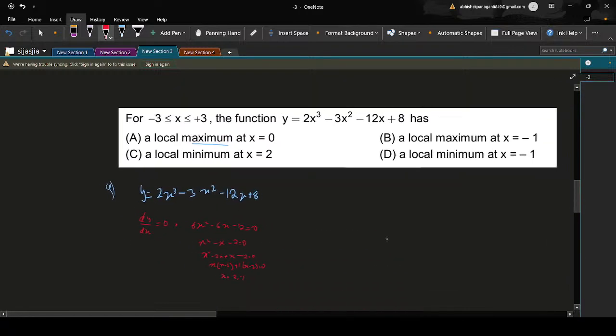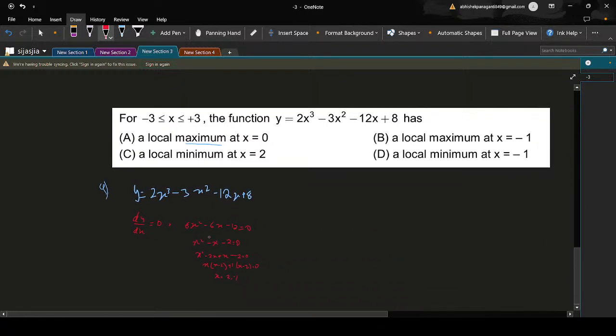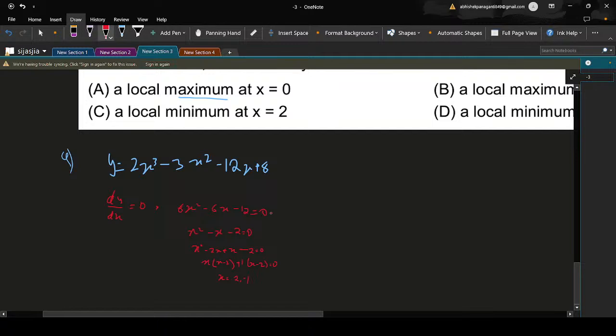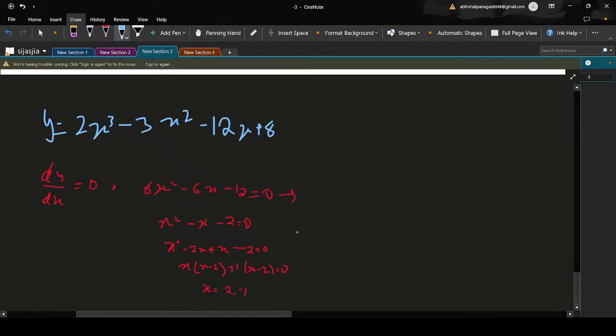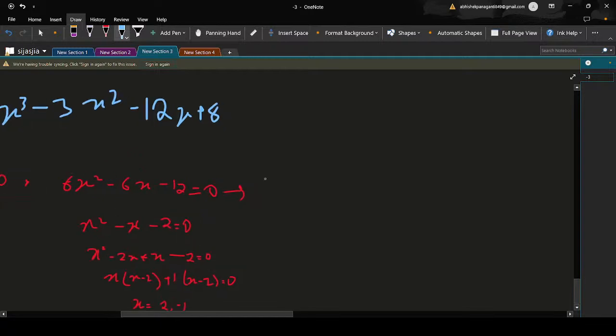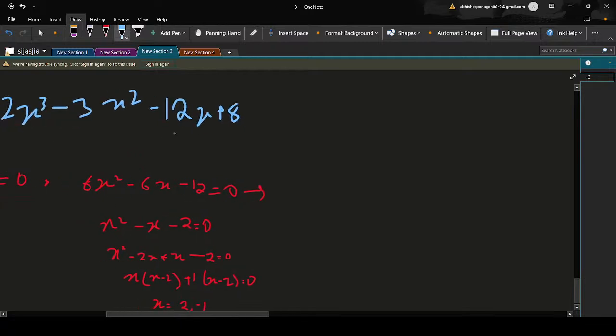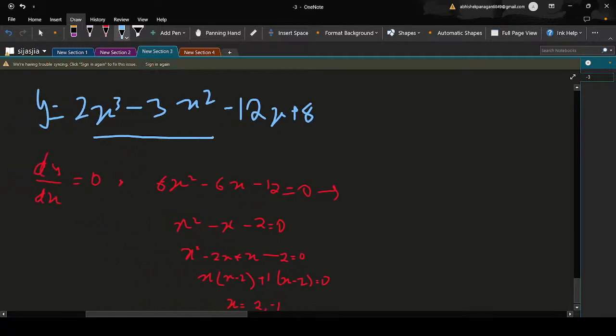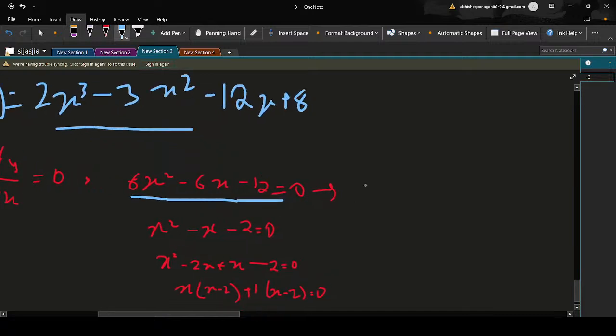For that we've got to double differentiate this, and if the second derivative is less than 0, then that will be the maximum. So differentiating again gives 12x minus 6.